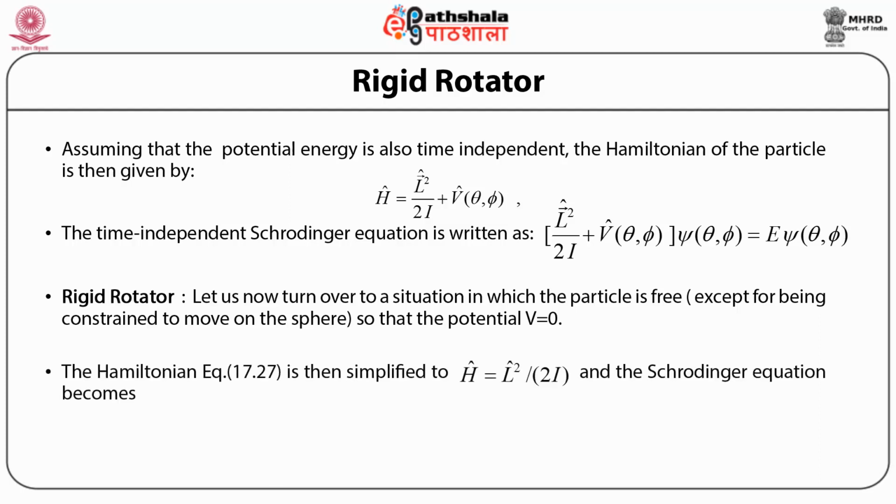The Hamiltonian given by equation 27 is then simplified to Hamiltonian operator H is equal to operator L square divided by 2 times moment of inertia, and the Schrodinger equation becomes operator L square divided by 2 times moment of inertia acting on psi of theta phi is equal to E times psi of theta phi.